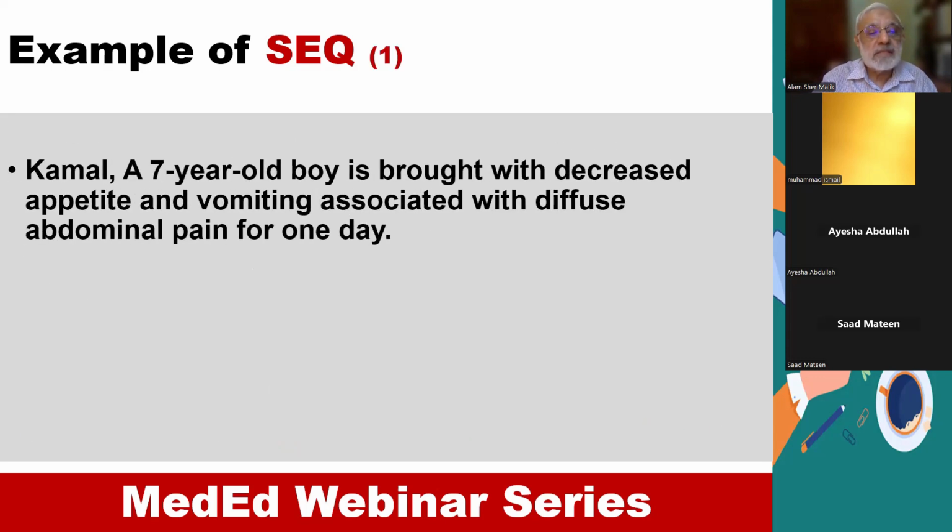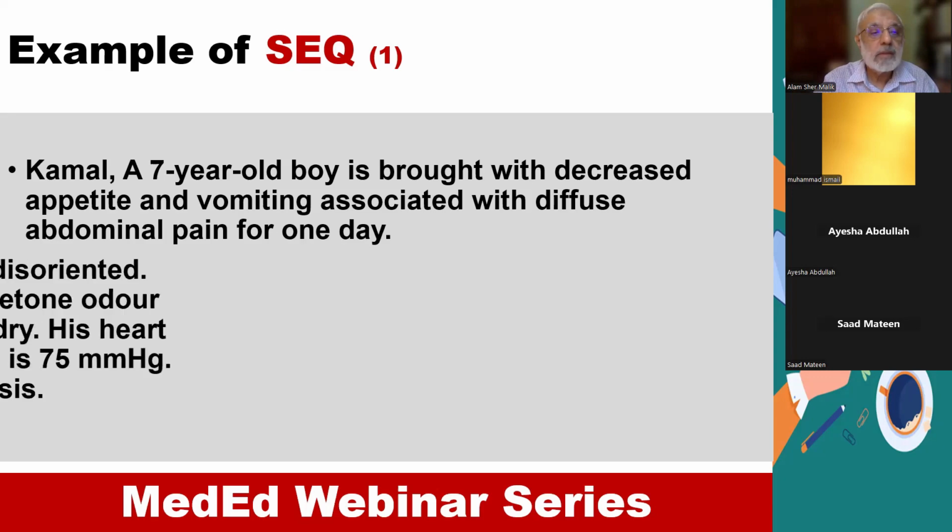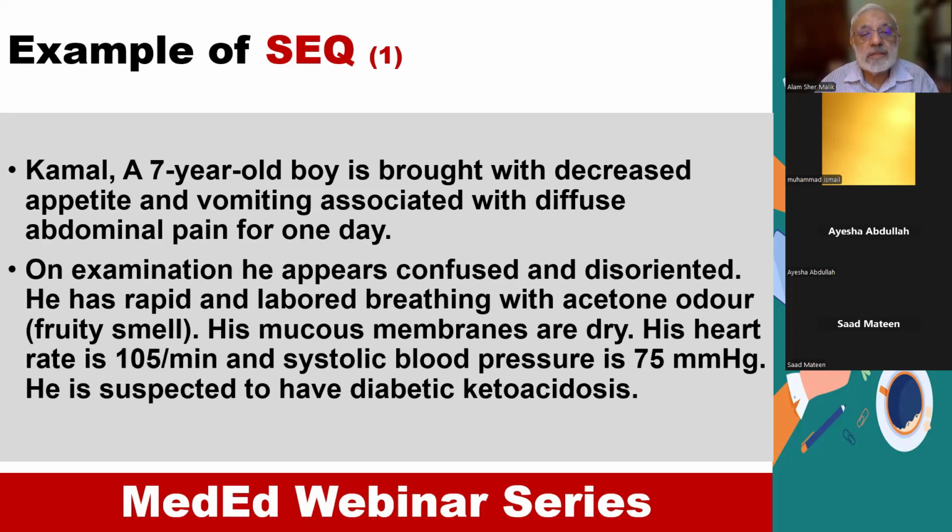Another example. Kamal, a 7-year-old boy, is brought with decreased appetite and vomiting associated with diffuse abdominal pain for 1 day. On examination, he appears confused and disoriented. He has rapid and labored breathing with an acetone odor or fruity smell. His mucous membranes are dry.